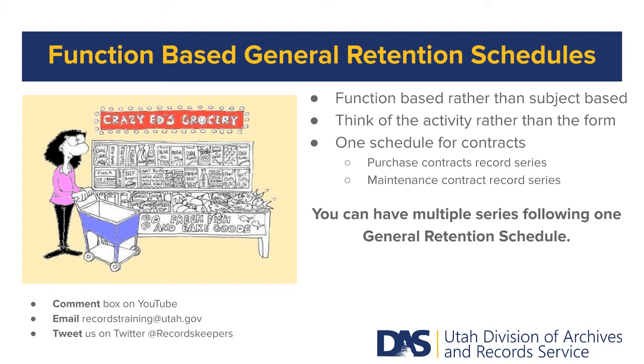Crazy Ed's Grocery is a fun example that you may have seen in our RIMM 101 training before. If you go to a grocery store that has no organization, you got your fish and your milk and your bread in one place, and you need to find out where everything is, and there's no classification or organization to it.